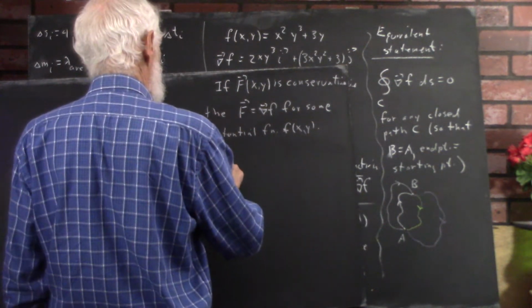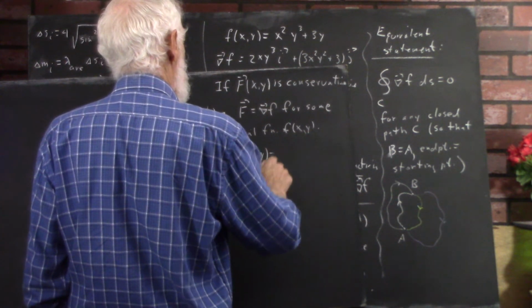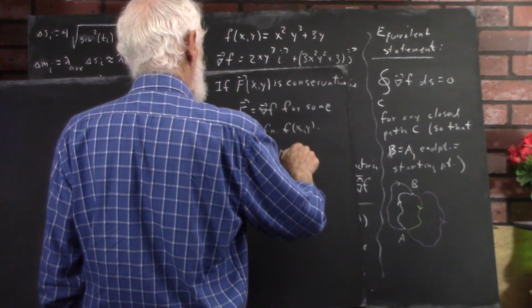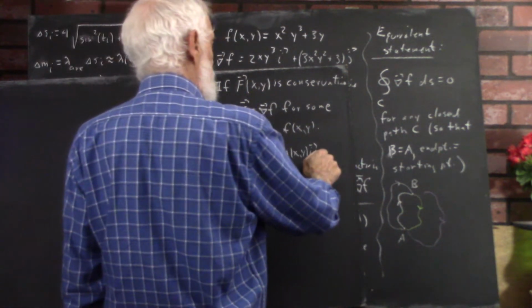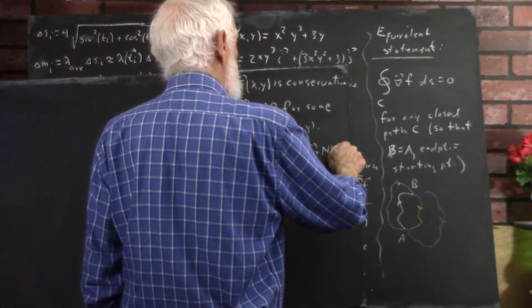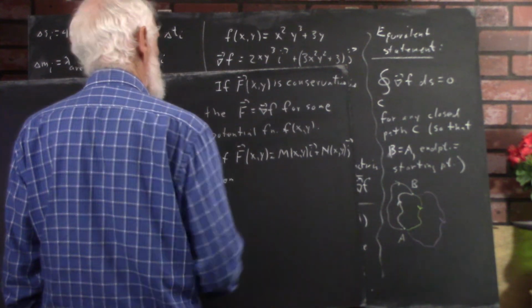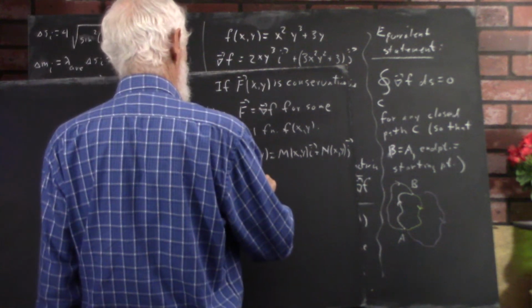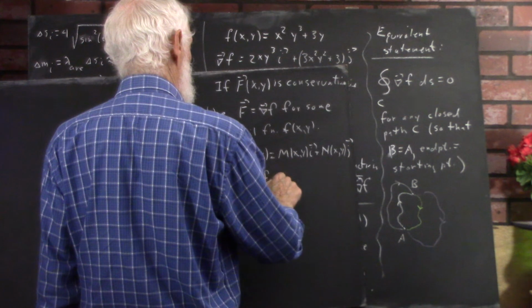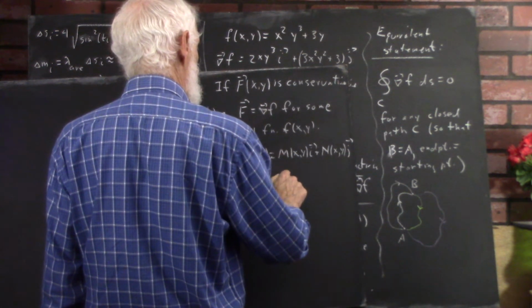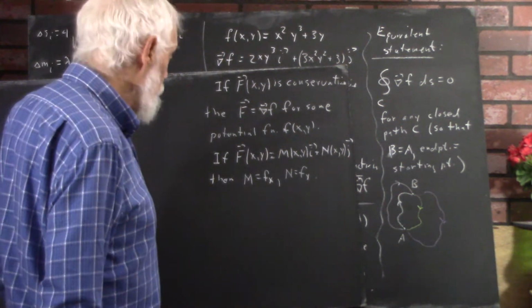If F of x, y equals, say, M of x, y i plus N of x, y j, then M equals f_x and N equals f_y.